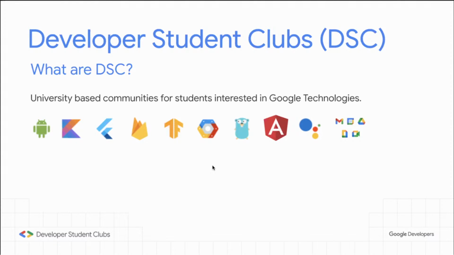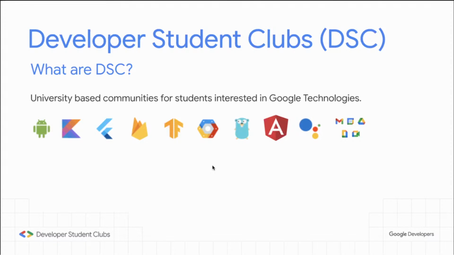And later, after they have enough knowledge, they can implement it. They can identify some problem in their university or in their community, and then they can use one of the Google technologies to solve those problems. So students can learn to identify real problems, and they can learn to solve them.